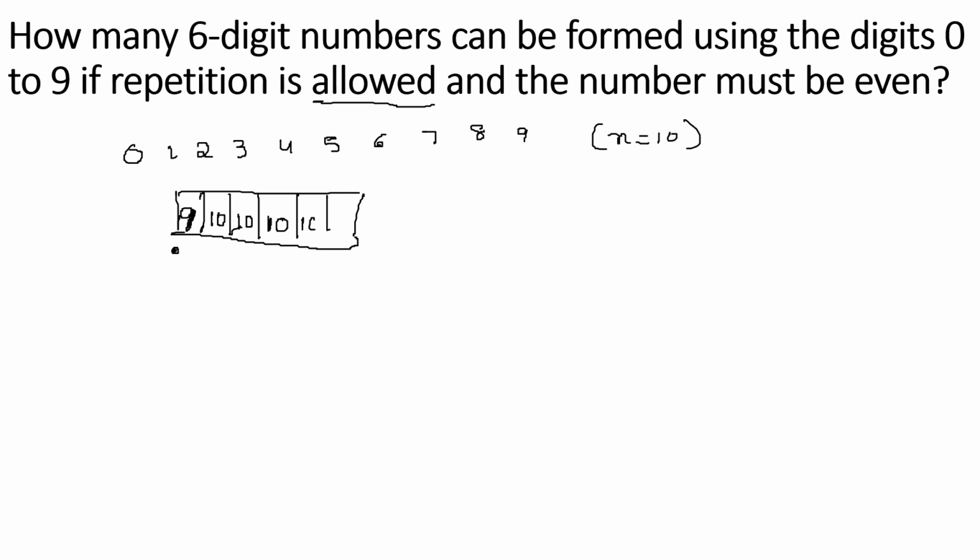Tens place also has 10 options. But since the number should be an even number, the last digit can be filled only by the even digits. So we have either 0, 2, 4, 6 and 8. So that means total 5 digits. Therefore, total number will be equal to 9 into 10 into 10 into 10 into 10 into 5.